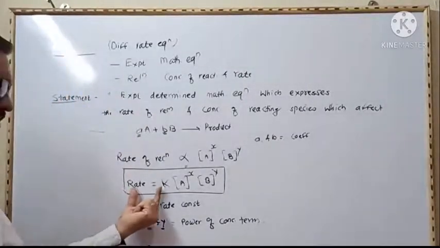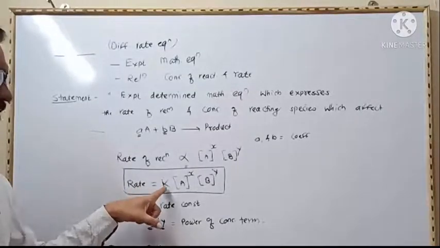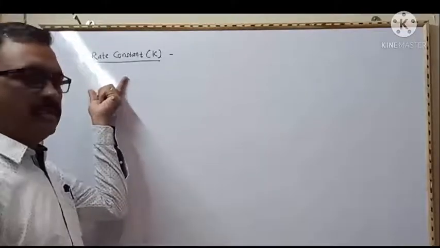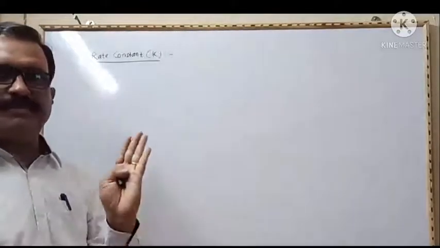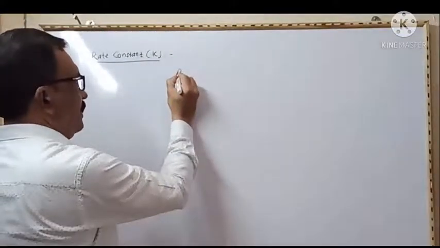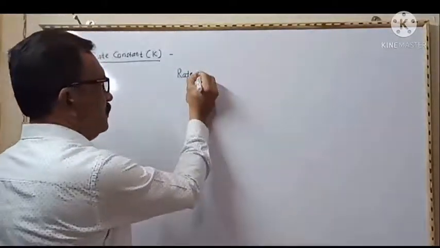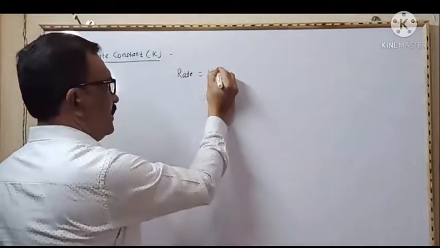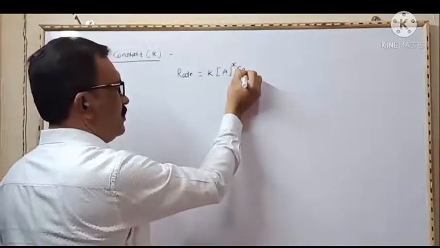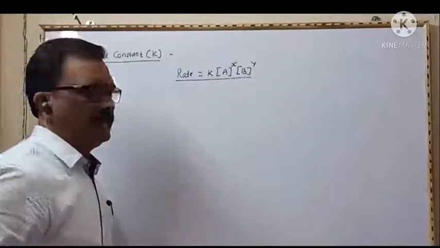Now, we will discuss another subunit, which is the rate constant capital K. A rate constant is denoted by capital K. For example, the rate of a certain reaction is equal to capital K into the concentration of A raised to x into the concentration of B raised to y.